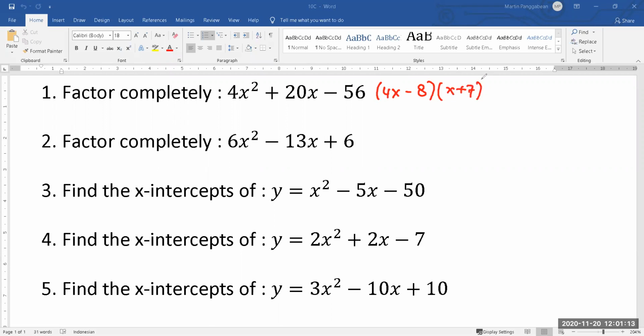Do we have another answer different from Justin's? Mine, the x plus 7 is the same, but the first one is x minus 2.